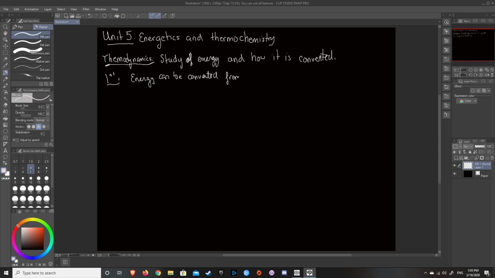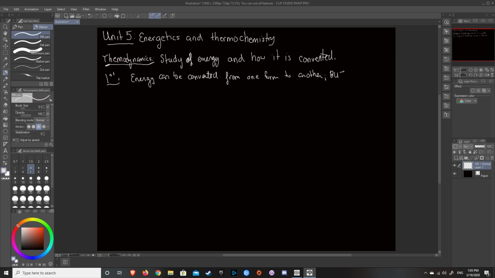So we can convert chemical energy to physical, mechanical energy. We can convert electrical energy to mechanical or chemical energy, in electrolysis, for example. But this is the important part.